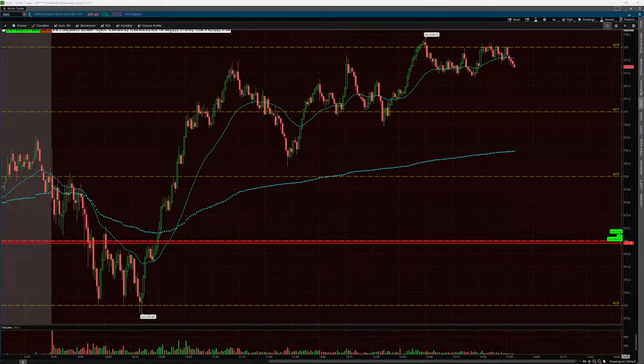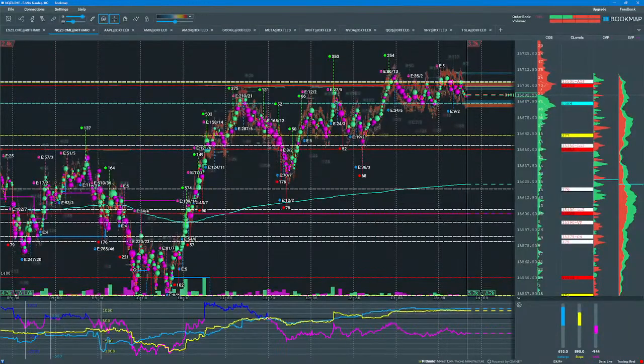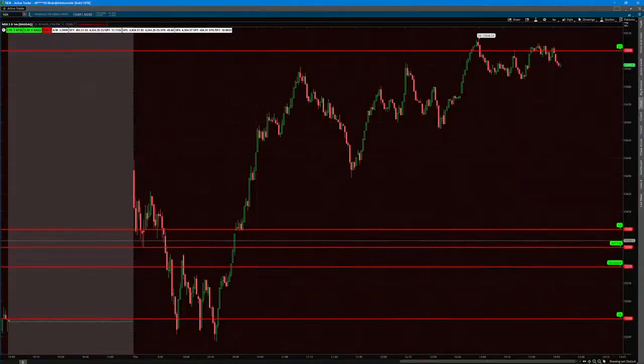All right, so that's QQQ. Round numbers in play on the low end, 374 and 378. 374 support, 378 so far acting as resistance. Let's take a look at NDX. There were a lot of NDX levels, so we'll take a look at that for completeness.